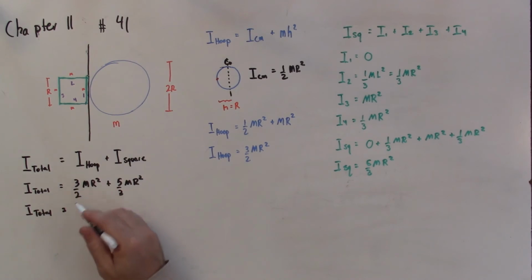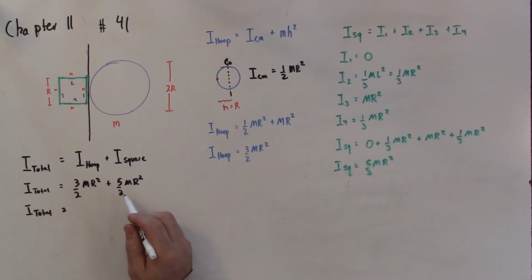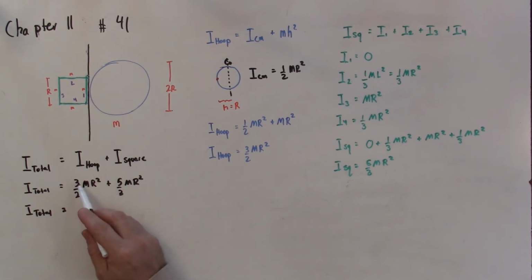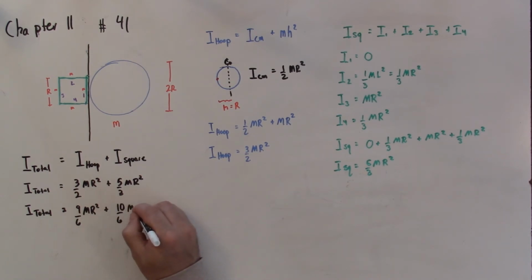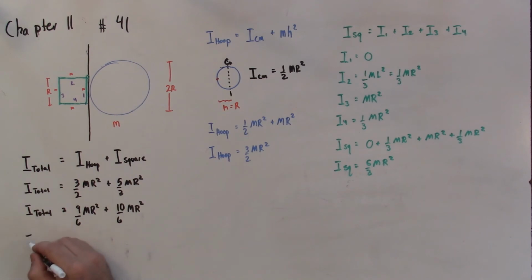So this is 3/2 and this is 5/3. If we go common denominator 6, this looks like 9/6 mr squared, and this is 10/6 mr squared.